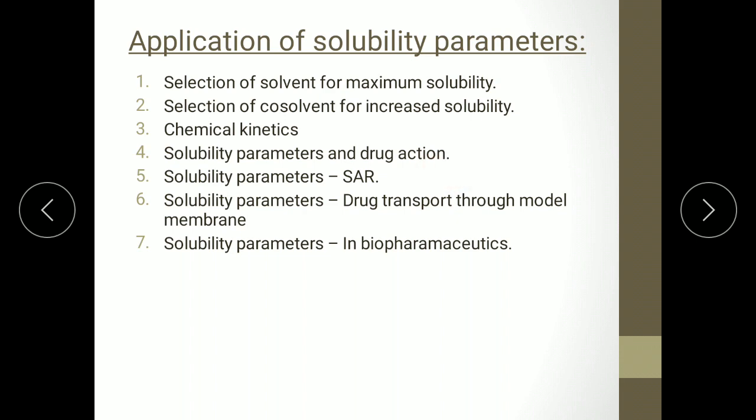Fifth one is solubility parameter and SAR. Some molecules are structurally modified so that they will show pharmacological action.